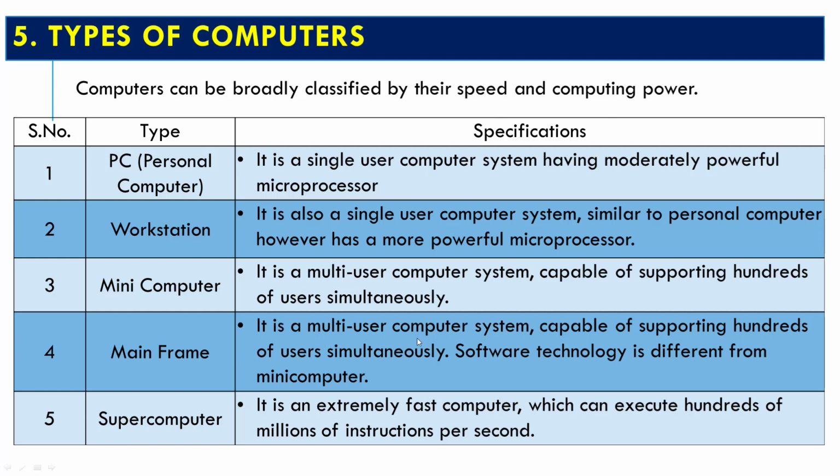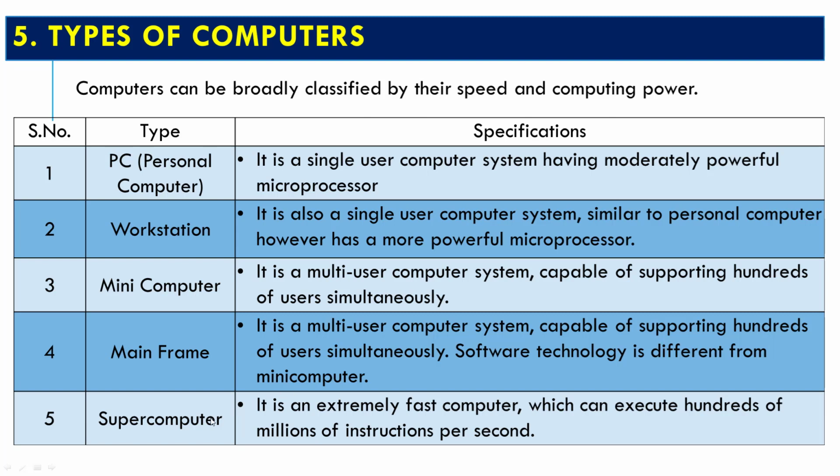It is a multi-user computer system, supporting hundreds of users simultaneously, and it is entirely a different technology from the minicomputer. Here you can handle a large volume of data, and also hundreds and thousands of users.